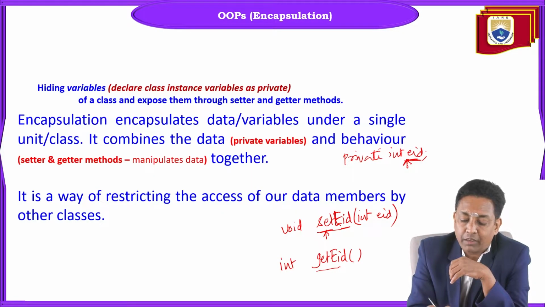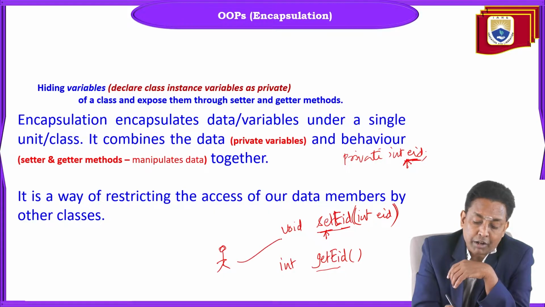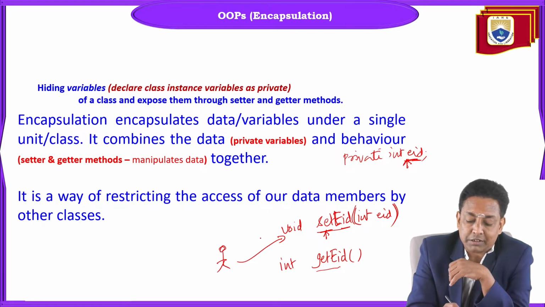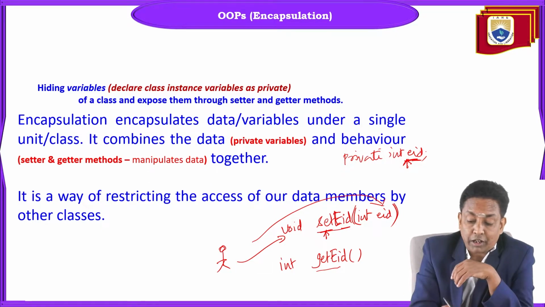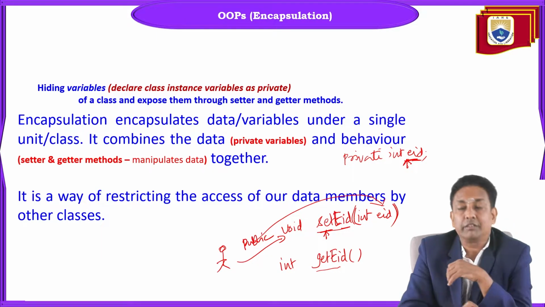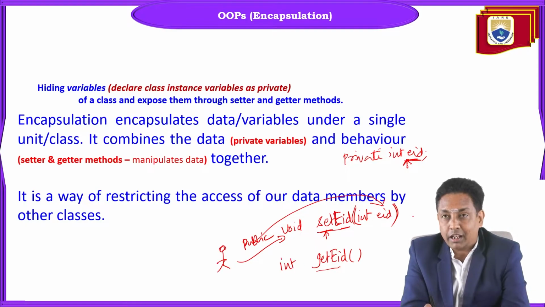The setter method is meant for the outsider to modify our class's employee variable. So the outsider can pass an employee value into this setter method. If you write the setter as public void setEID, then outsiders can modify the data.